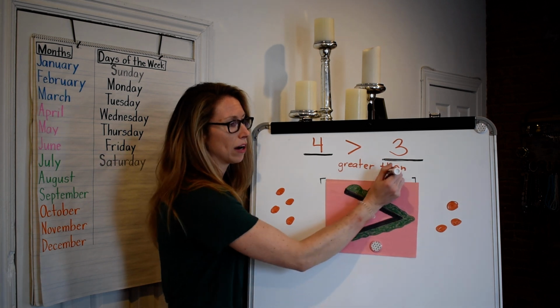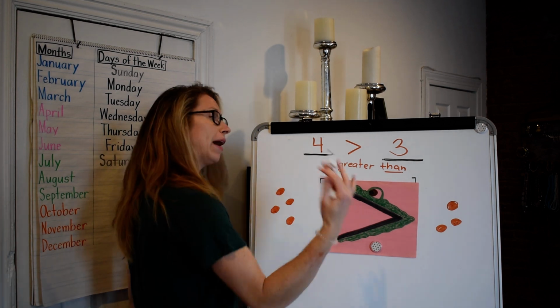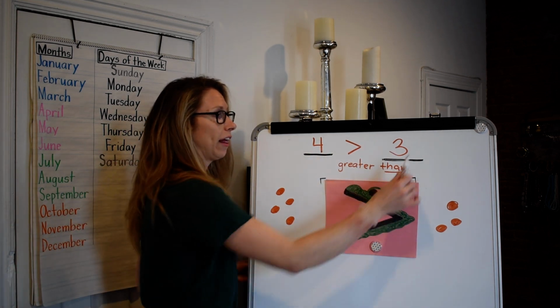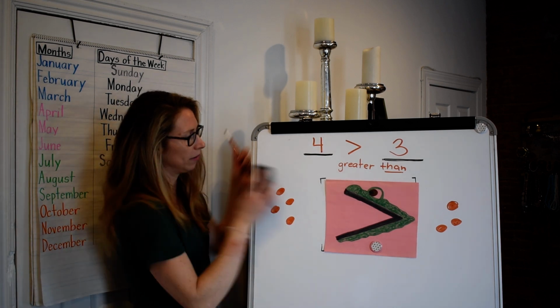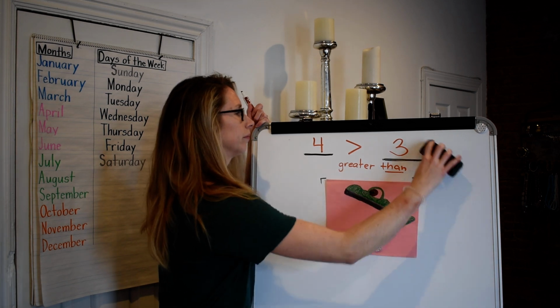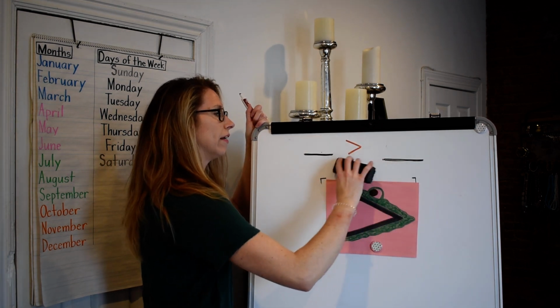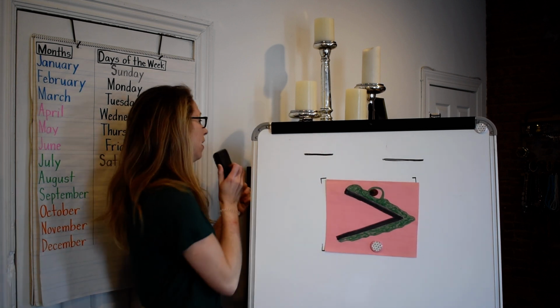You see that comparison word than, because these are comparison symbols. So we're comparing. 4 is greater than, bigger than 3. Good. So let's try another one. We'll erase greater than. So anytime your first number is bigger, it'll be greater than.